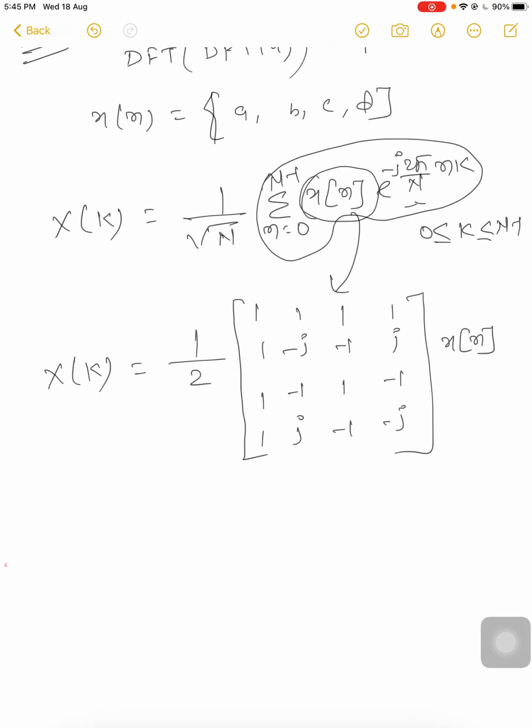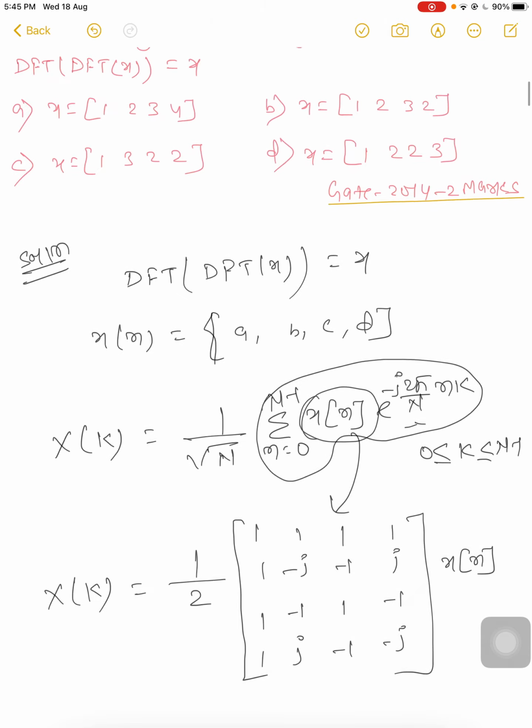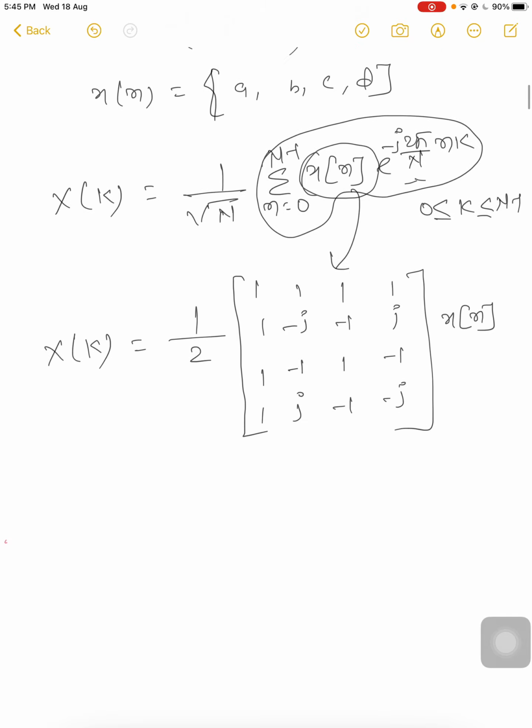So it is difficult to get a generalized form. So let us consider option B as the right answer and check it.